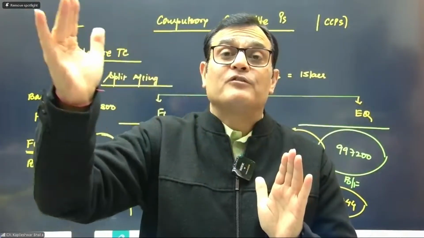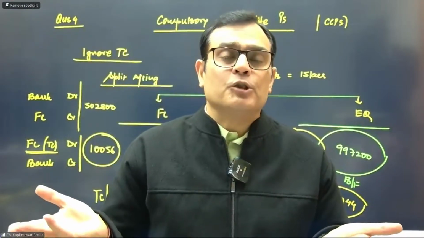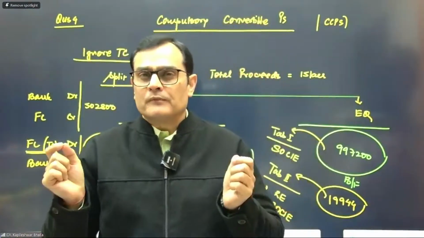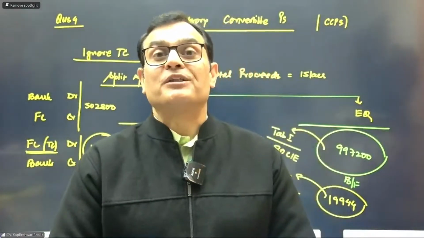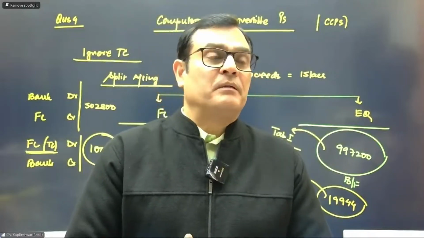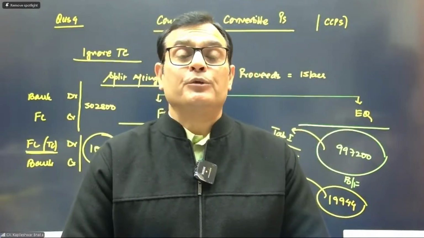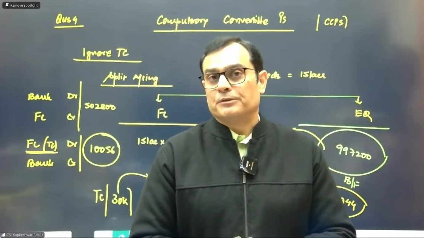You can compound 502,800 at 15. But if you reduce the TC, you cannot compound at 15, which means you need to revisit and calculate a new discounting rate. I remember the questions which came in the exams based on this particular question, the new interest rate, the new discount rate was already given in the question.